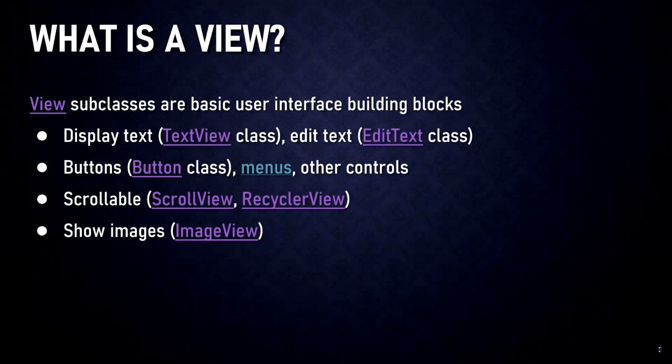And also button view, we can also have menus and many other control views. And if you want a scrollable element, you can use scroll view or recycler view. And if you want to show an image, you can use image view. So these are the subclasses of view. We can use them for our user interface. We will get into one or two of them in our practice part in today's session.